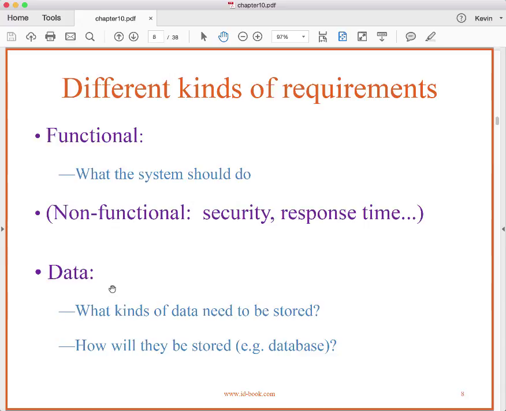So, what kind of requirements do we have? Well, people talk about three kinds. Some of us, like me, take the three and boil it down into two.